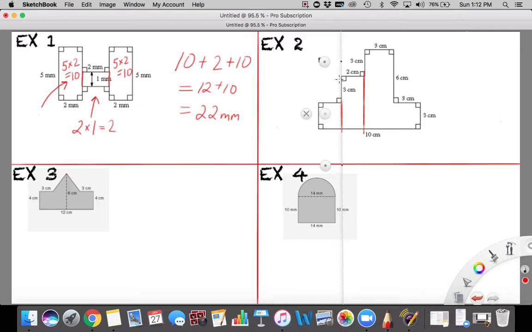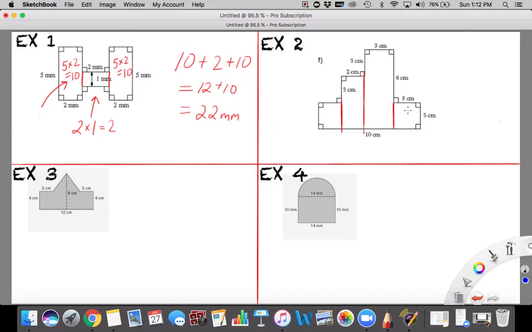And then I'm going to draw another line here. So now I have several shapes in one. And you can do it from side to side. That's totally up to you. It's just all in how you want to do it. So let's look at this one.